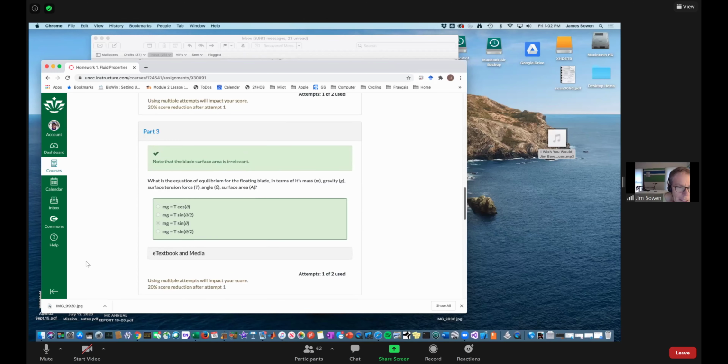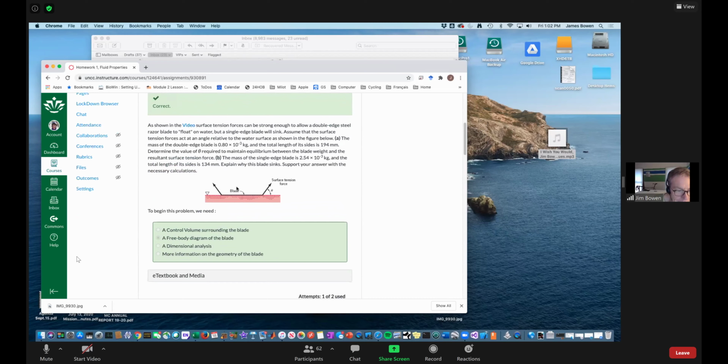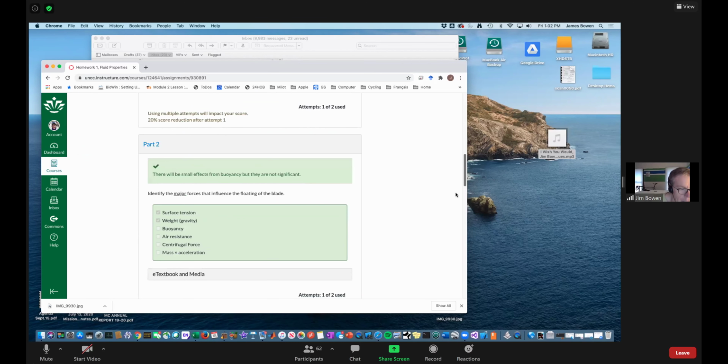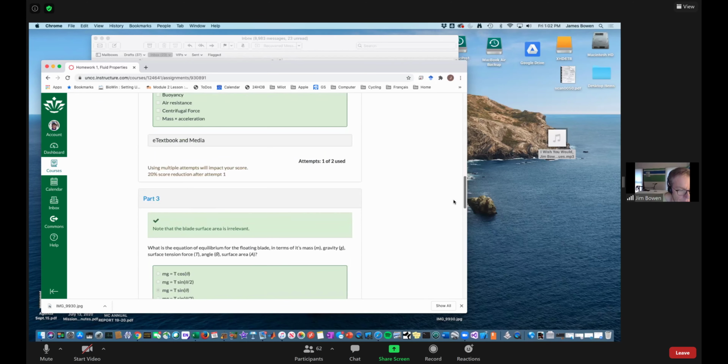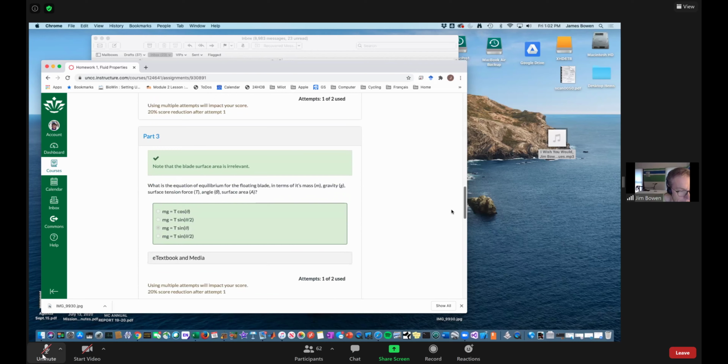Well, they don't tell you what T is. They don't tell you if this is T. Just the way they worded the problem, if that's the surface tension force, that indicates it's the total surface tension force acting in that direction.